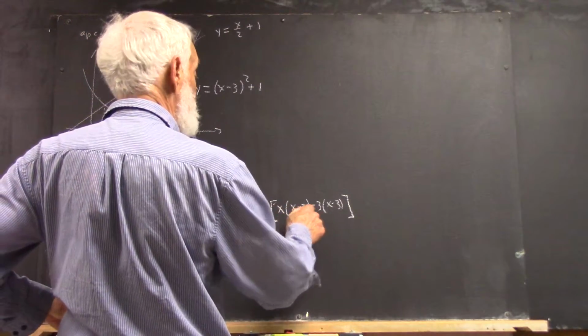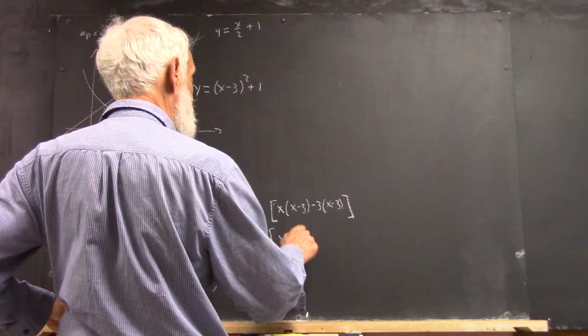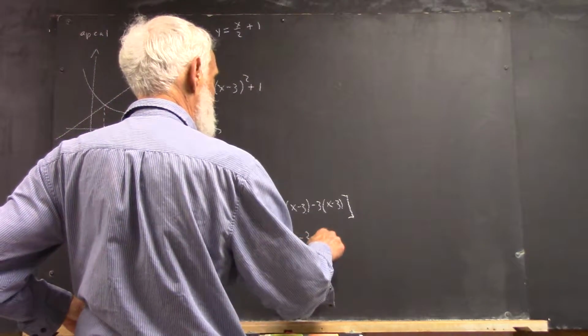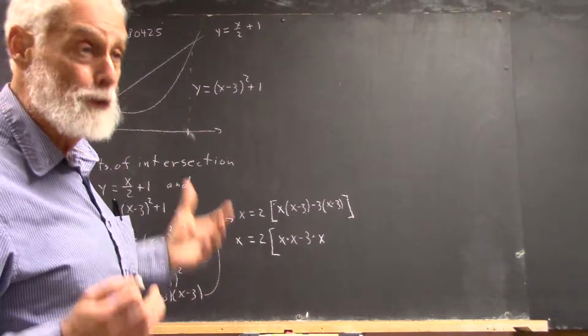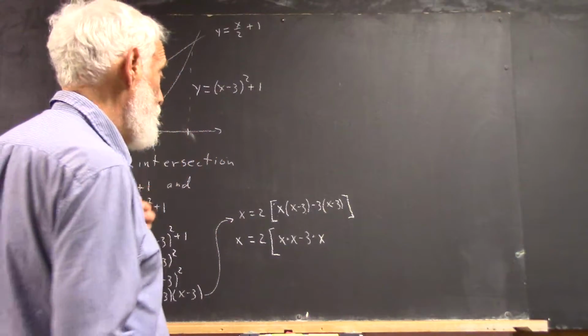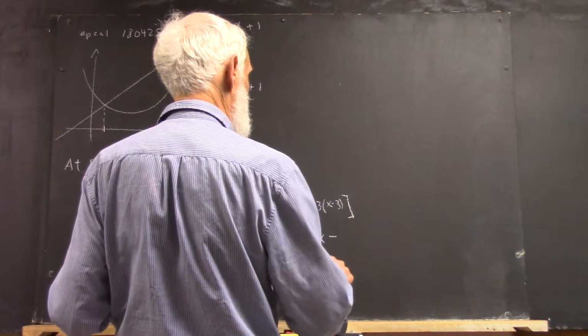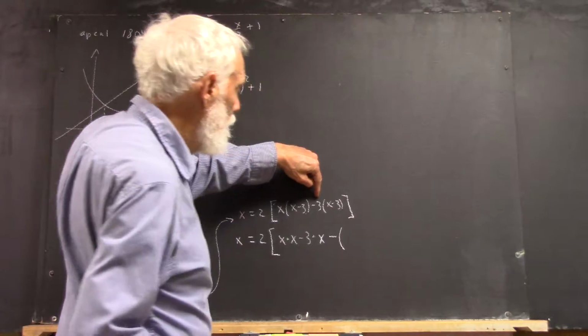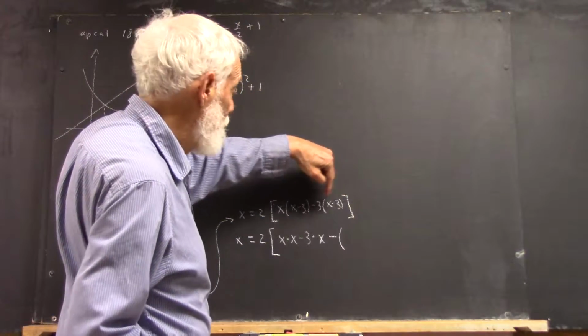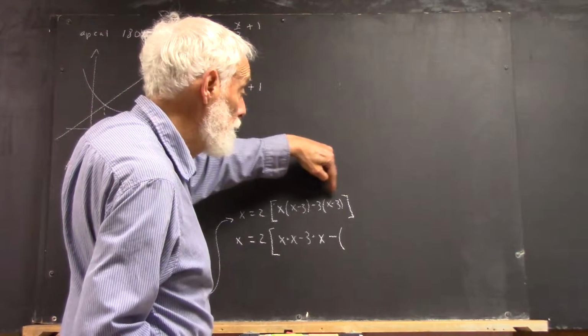Anyhow, x times x minus 3 is x times x minus 3 times x. Just using the distributive law, right? And then 3 times x minus 3 is 3 times x minus 3 times 3.